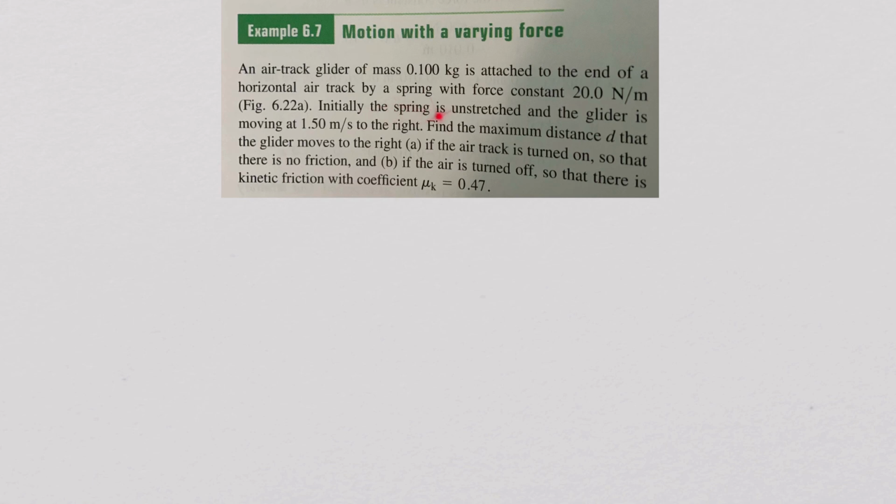Initially, the spring is unstretched and the glider is moving at 1.5 meters per second to the right. Find the maximum distance d that the glider moves to the right if the air track is turned on so that there is no friction, and if the air is turned off so that there is kinetic friction with coefficient of kinetic friction mu k equal to 0.47.